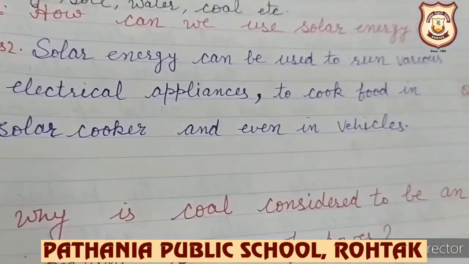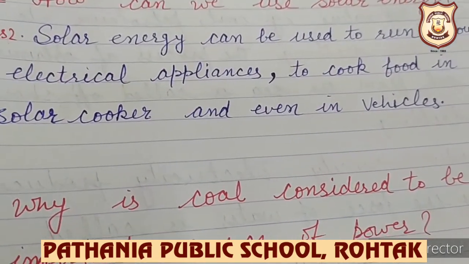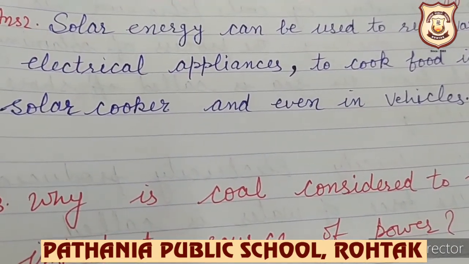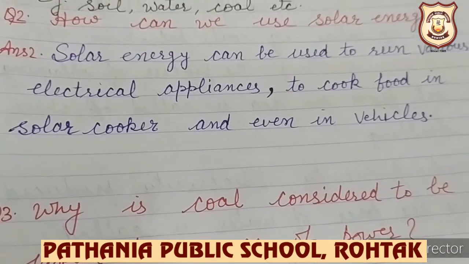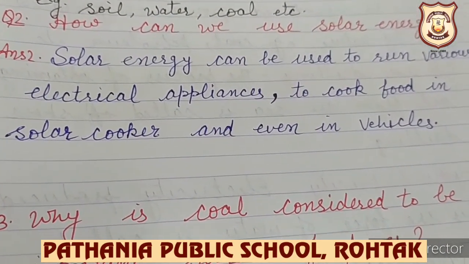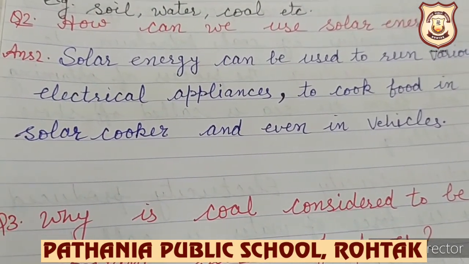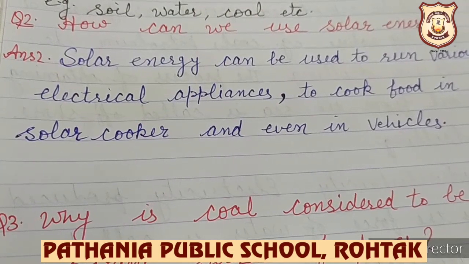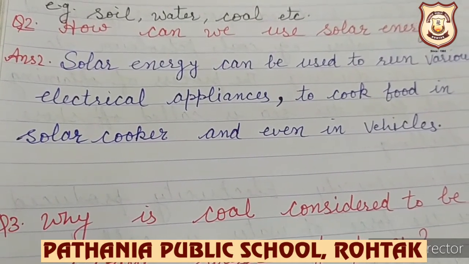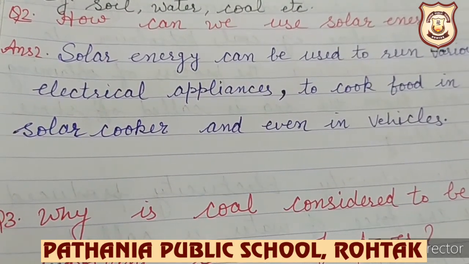Okay, children. So solar energy can be used to run various electrical appliances. So clear? Okay, and also for running vehicles also, to cook food in solar cooker also. Okay, so this is clear.